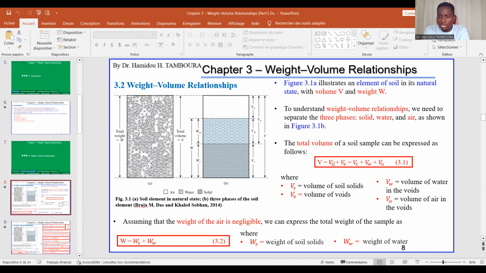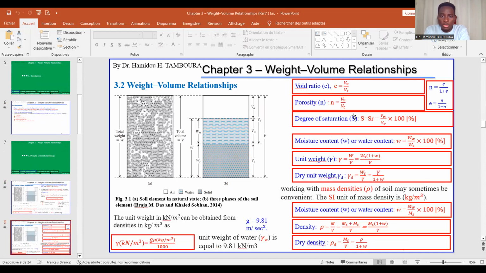We talked about these definitions. I am calling them definitions because these are really the basic information of soil we need. So void ratio, you need to know the formula of void ratio: porosity, degree of saturation, water content or moisture content, unit weight, dry unit weight. And also, as I told you last time, instead of using weight, we can sometimes use the mass of the soil.